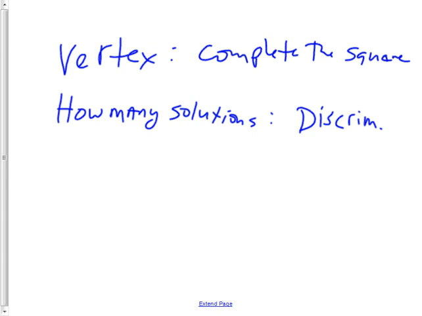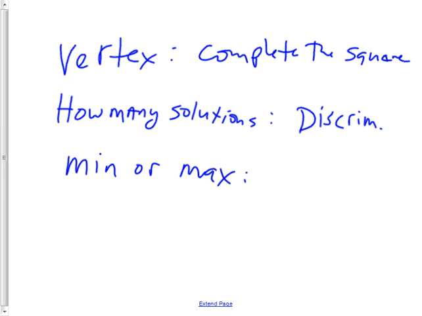What if they're asking if it's a min or a max? If they're trying to find the min or the max, if you knew the vertex, would you know for sure if it was a min or a max? What if I tell you the vertex is 2, 4? Do you automatically know if it's a min or a max? No. So finding the vertex here would not be helpful.